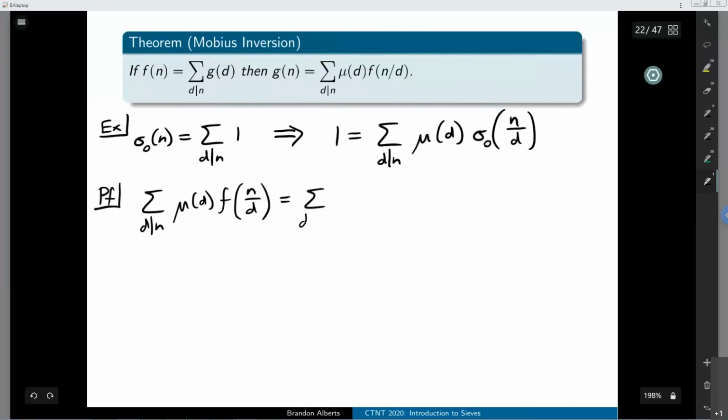Well, first, I'm going to rewrite the sum. Instead of saying as a sum over d dividing n, I'll write it as a sum of factorizations of n into a product of two positive integers. That way, n over d is just written as a. It's a little bit cleaner this way.